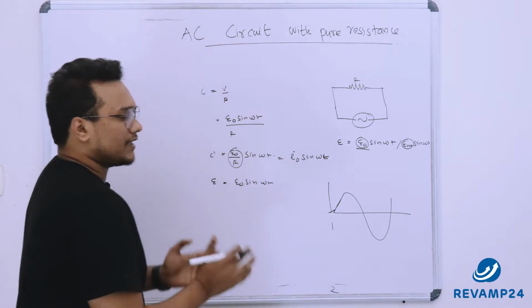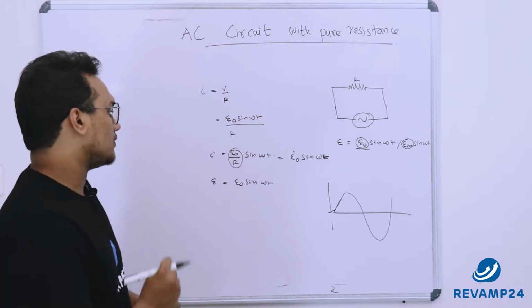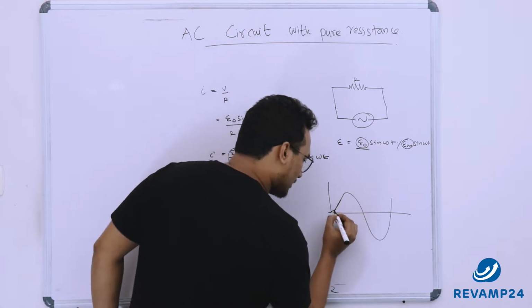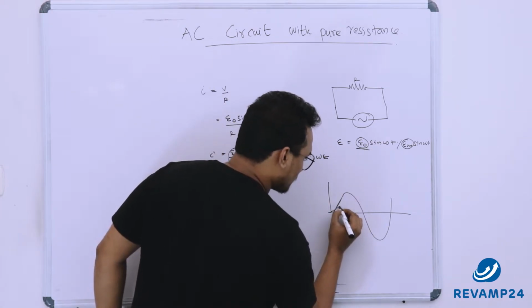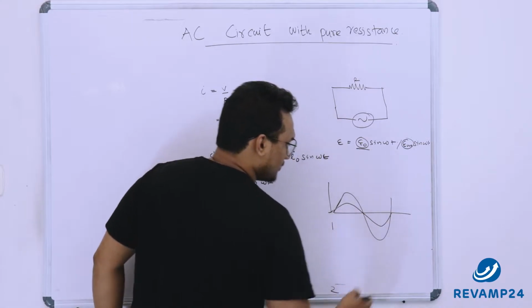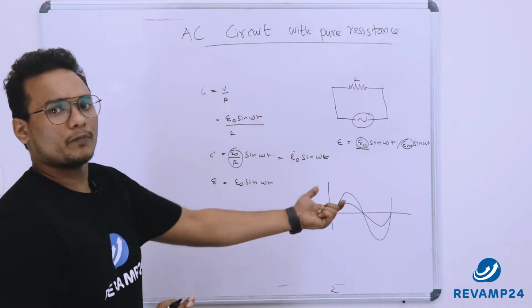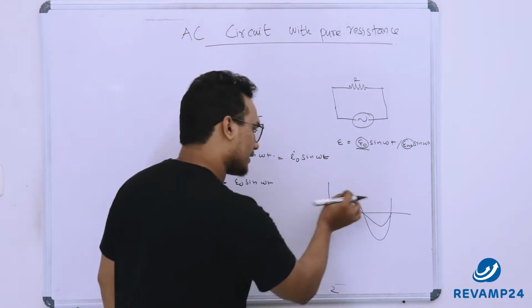When I say current is in phase with voltage, it means that as voltage increases, current will also follow voltage. The amplitude might not be the same, but both are in phase.